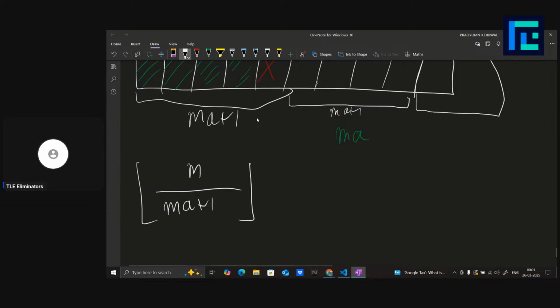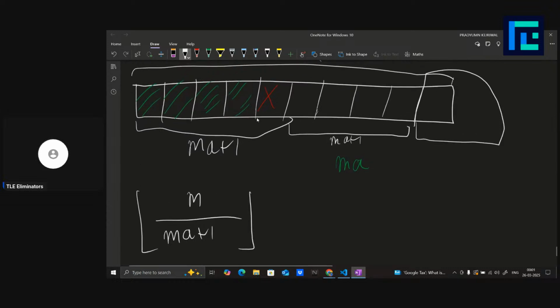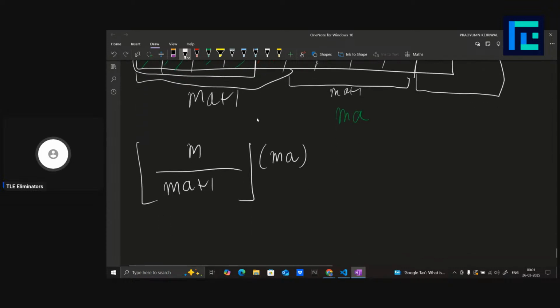In each cycle there are ma colored cells, out of ma plus 1. So you will multiply this by ma, and so these many cells are colored.